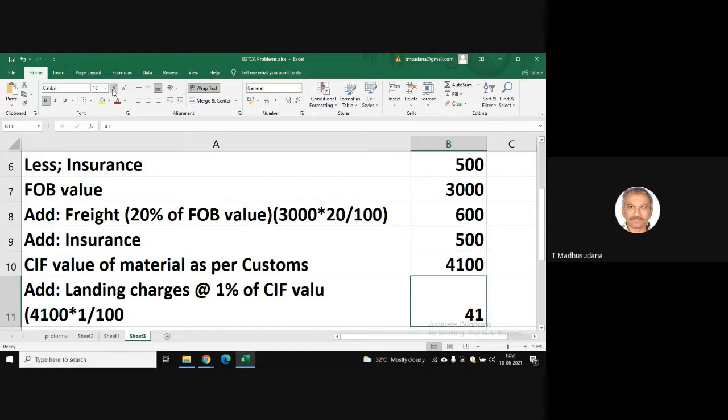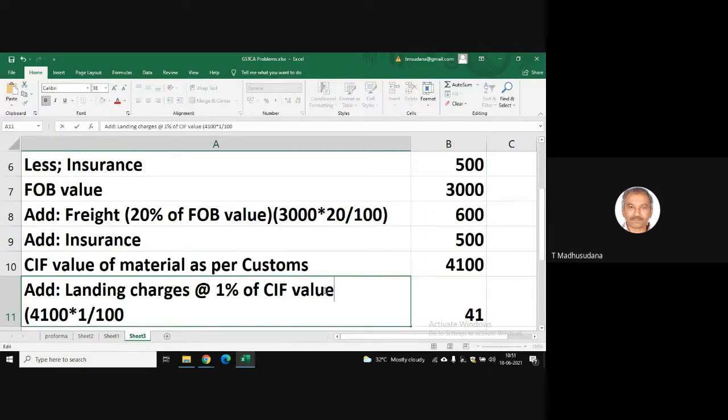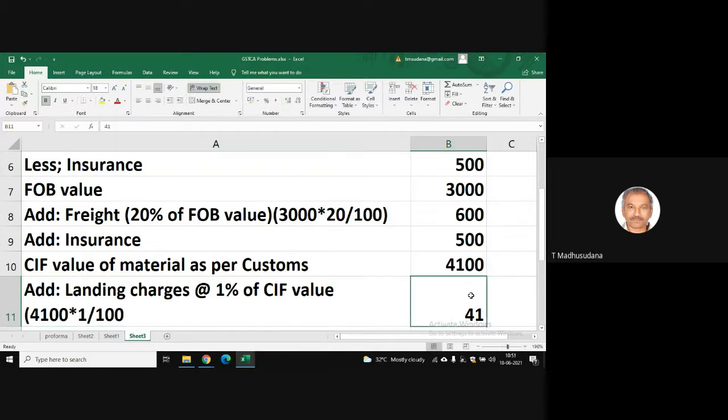So for this 4100, customs officers will add 1% of CIF value as landing charges. That is 4100 into 1 by 100, which is equal to 41 US dollars.